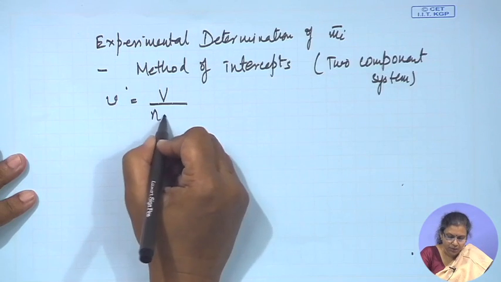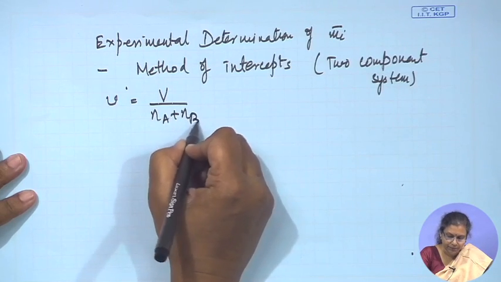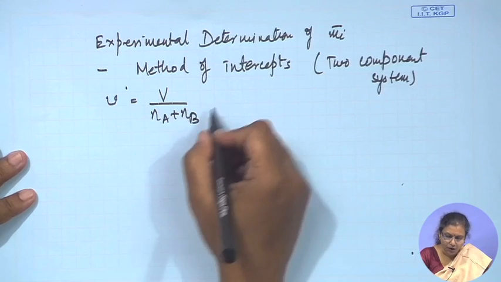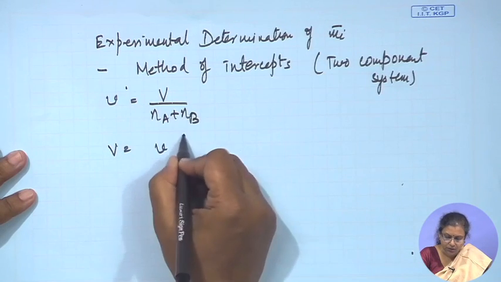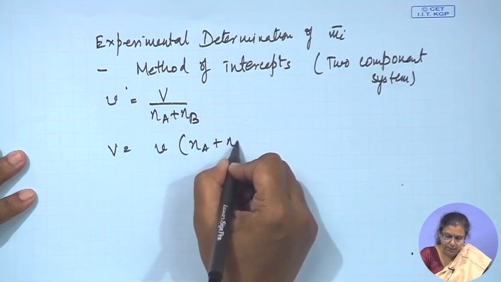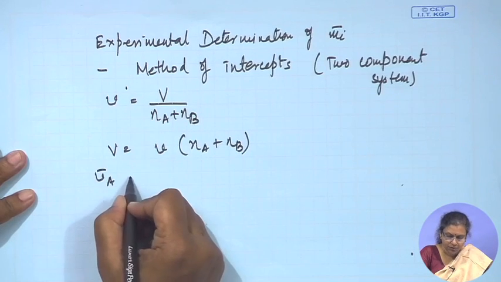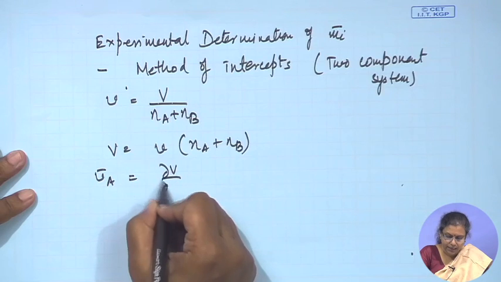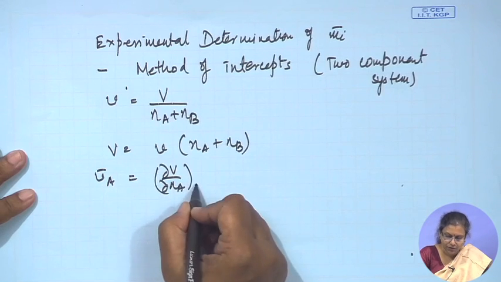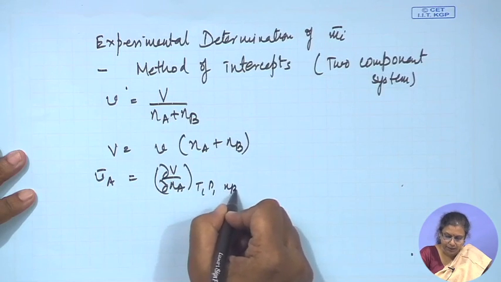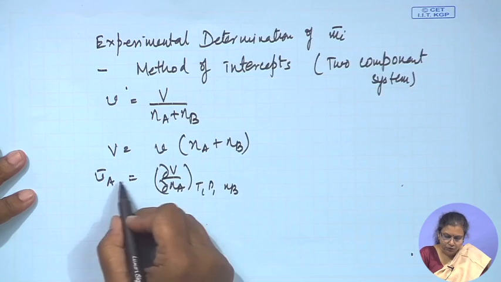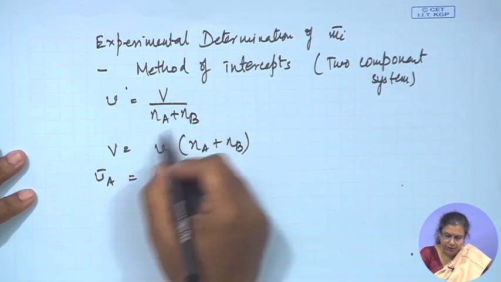This is equal to Na plus Nb. I can write it down, or in other words, as V into Na plus Nb. Agreed. What is Va bar by definition? It is del V del Na at constant Tp Nb in this particular case. So, this should be equal to differentiation of this.